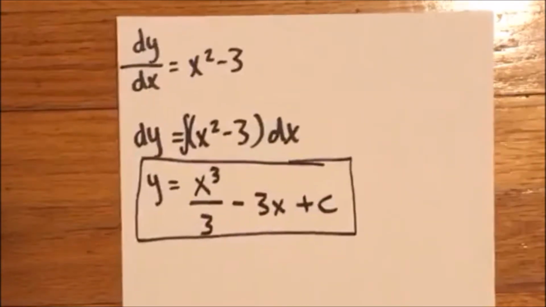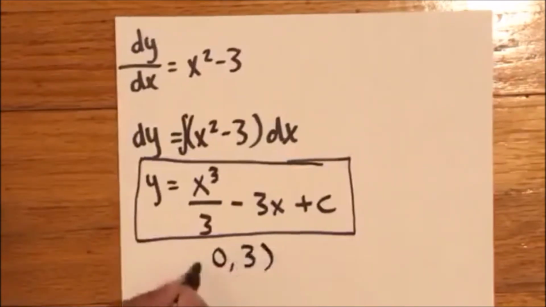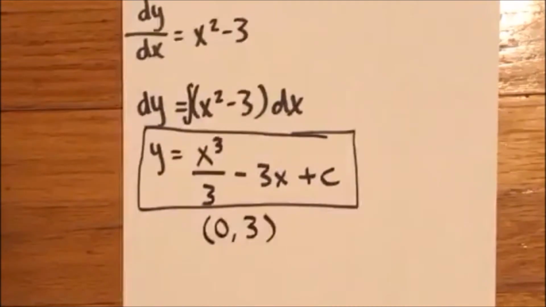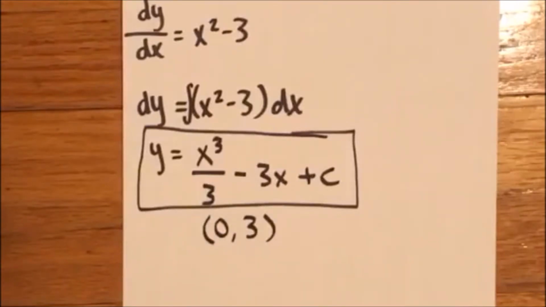Say, for example, you were given an initial condition of, let's say, (0, 3). What you do now is plug this initial condition into the general solution to find what is known as the specific solution.